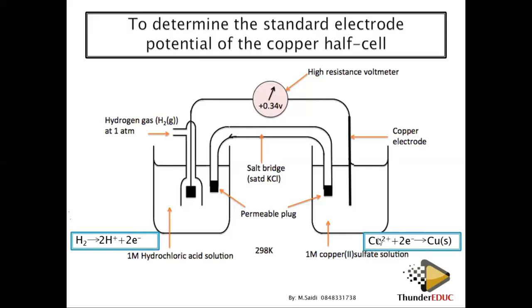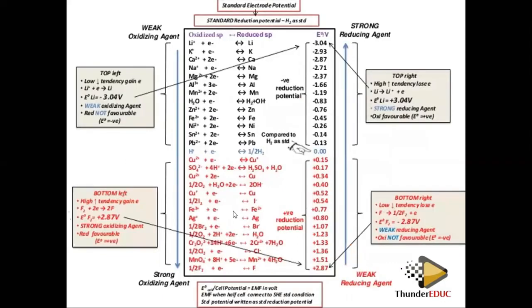These copper 2 ions accept these electrons and then form copper solid. So what is happening? All this, you have identified from this point, that hydrogen is above, copper is below. So hydrogen becomes the anode, while copper becomes the cathode.